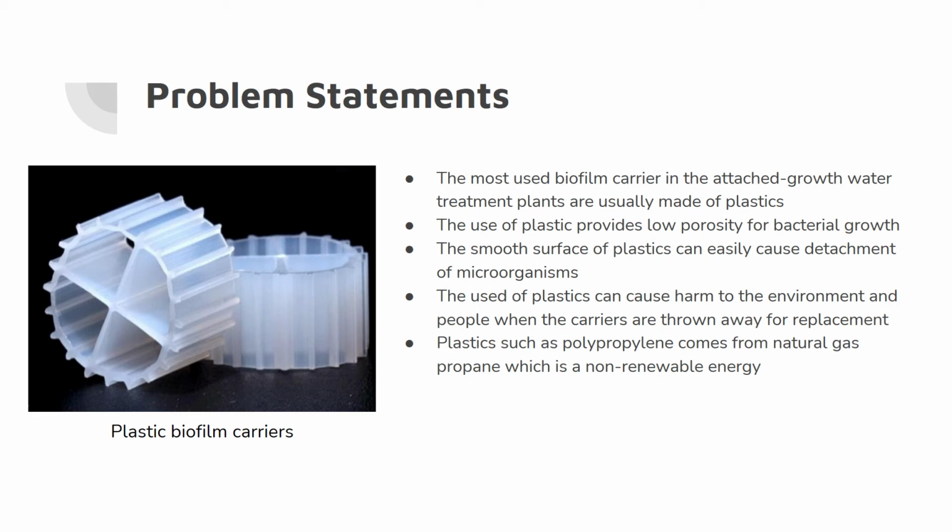The use of plastics can also cause harm to the environment and people when the carriers are thrown away for replacement. And plastics such as polypropylene are usually made from propane, which is a natural gas, and it is a non-renewable energy.